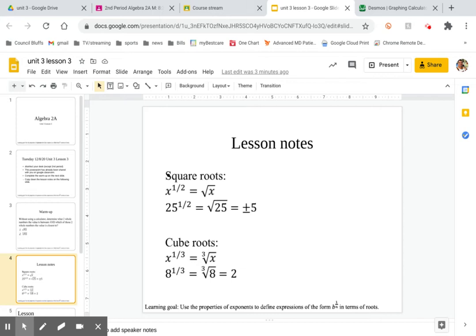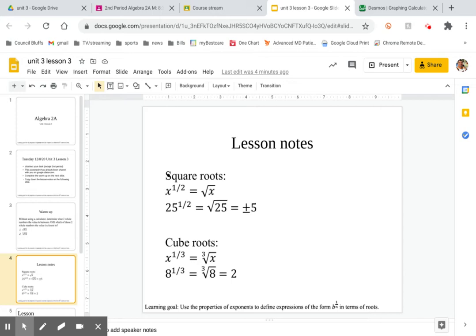If you were to put 25 to the power of 1/2 in a calculator, you would get positive or negative 5. Okay. And it turns out that if you change the denominator of that fractional exponent, that changes the root. So if I were to make it a power of 1/3, that would be the equivalent of a cube root.